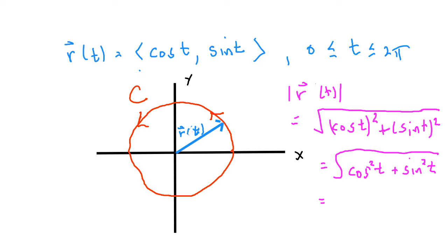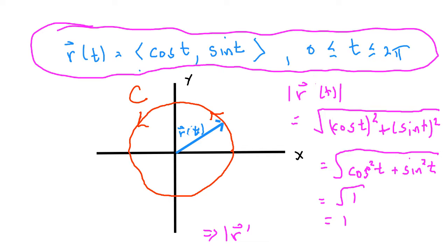Now, what is cosine squared plus sine squared of t equal to? t is a parameter, but we can think of it like an angle too. Yes, it equals 1. That's right, Alexander. So this is the square root of 1, which is 1. So for this particular space curve, the length of the position vector is constant.